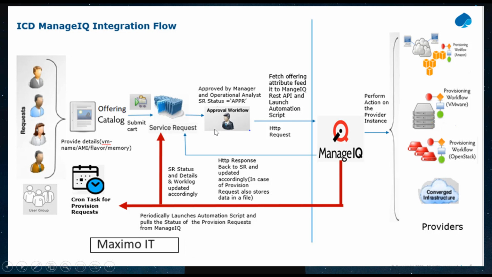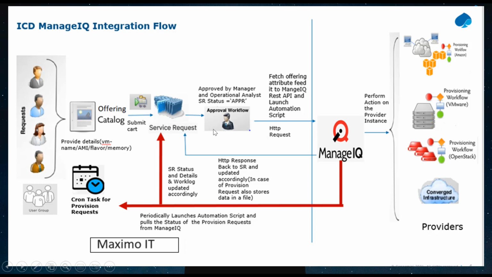One is from the line manager and another one is from the fulfillment manager. Once these two approvals are granted to that Maximo IT user, the demo user, it can fetch the offering attribute feed to ManageIQ using REST API, and an automation script is launched.